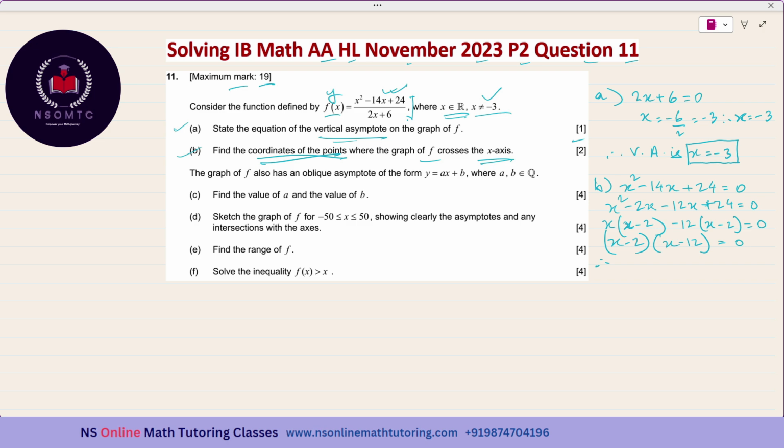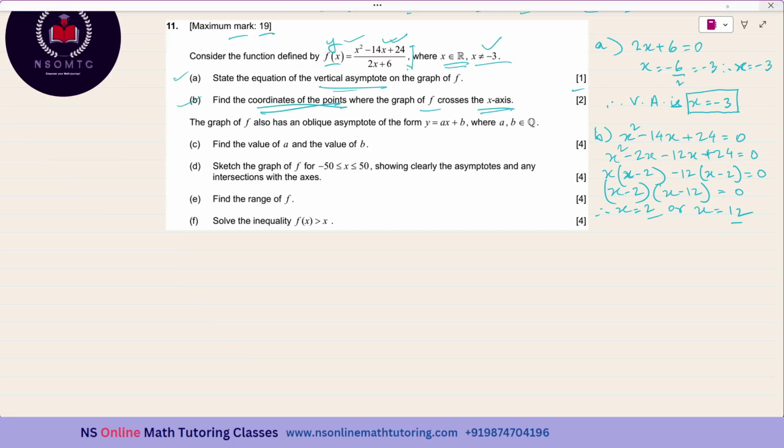Therefore x is equal to 2 and x equal to 12. These are the two zeros. So the points will be (2, 0) and (12, 0). So these are the two answers.